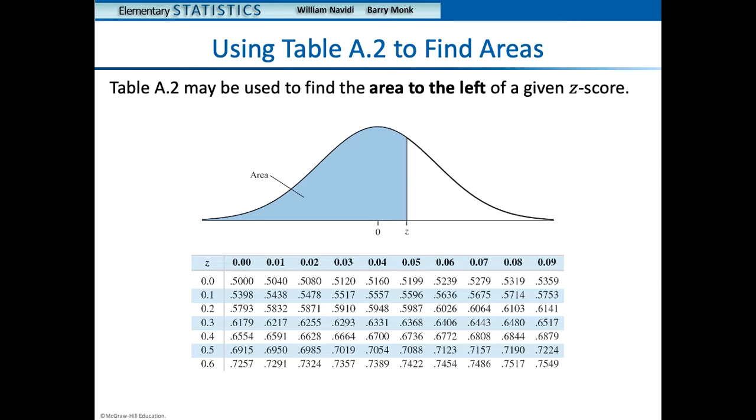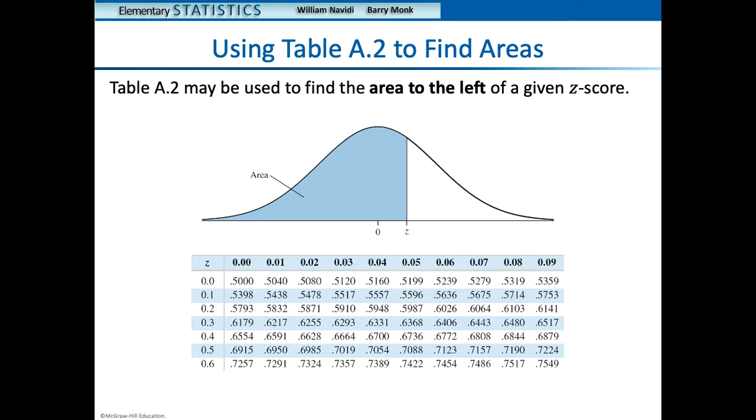The column on the far left of the table is labeled z, and this gives z-scores rounded to 1 decimal place. Up at the top of the table, we see a row with the numbers 0.00, 0.01, 0.02, and so on. That represents the second decimal place of the z-score. And the numbers in the main body of the table are the areas to the left of a specific z-score.